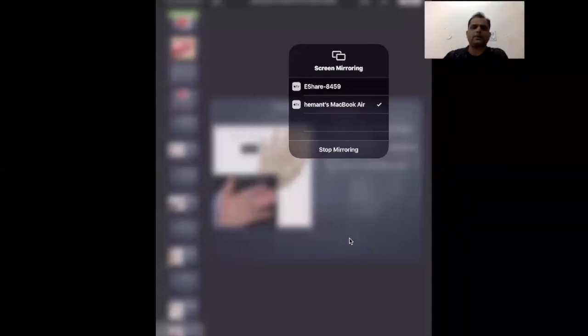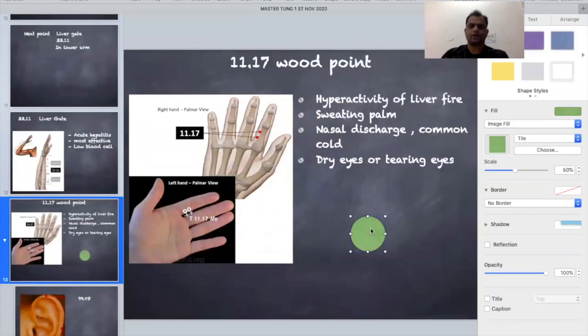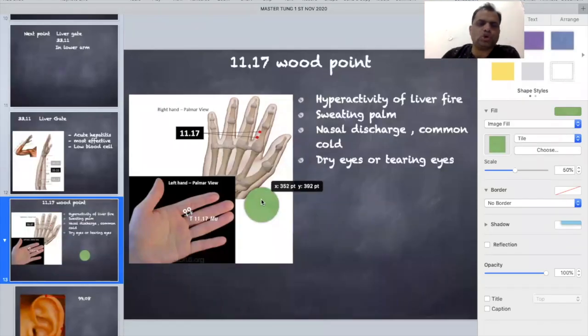अब हमारा अगला पॉइंट है और आज का लास्ट पॉइंट जो बहुत ही इफेक्टिव है, जिसे हम कहते हैं 11.17. If you see in this image, look at the index finger.